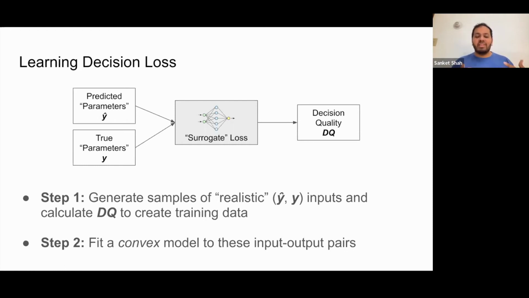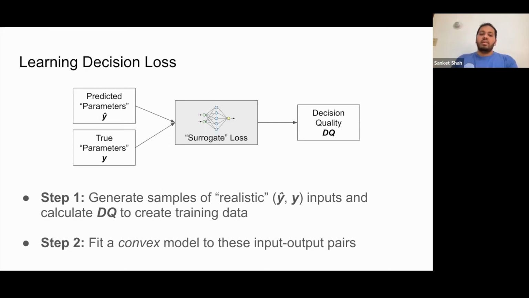The inputs are predicted parameters and true parameters, and the output is decision quality. Then you fit a convex model to this data set, and what you get is a surrogate loss that is convex by construction, but also has a realistic y hat comma y to DQ mapping.